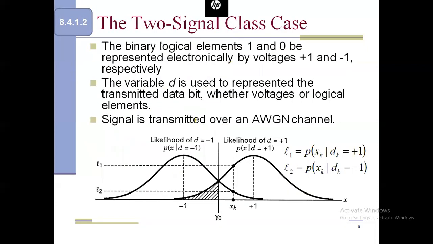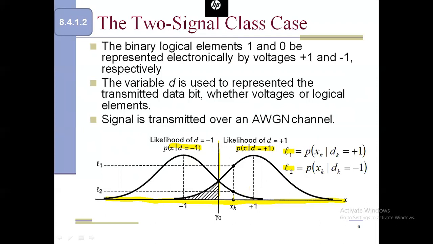You have already studied it, so you can easily grasp this idea: if x is the voltage level of the signal element, we can define the probability with a function of p(x given d), and we are comparing the likelihood of these two PDFs, that is L1 and L2.